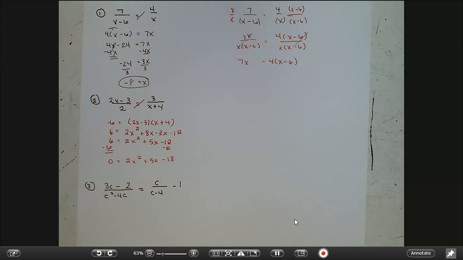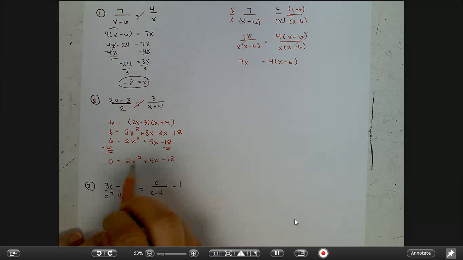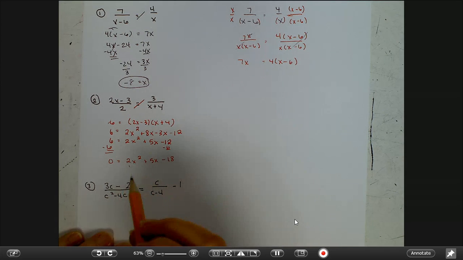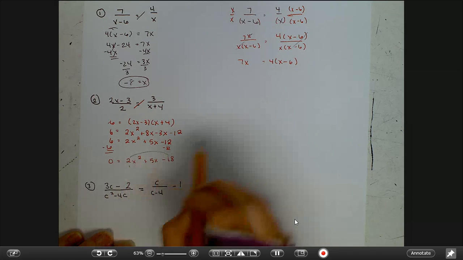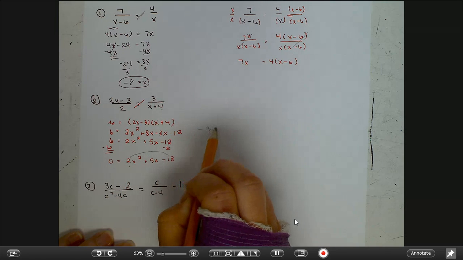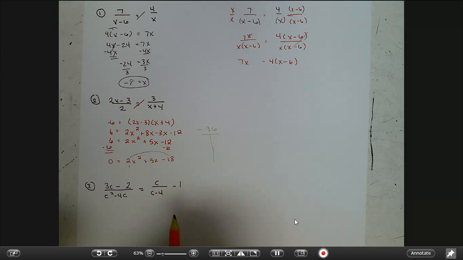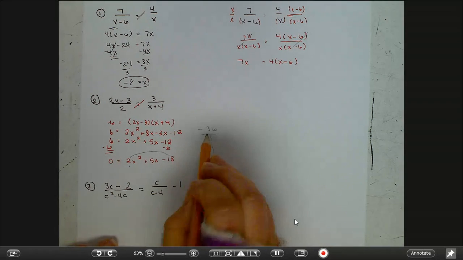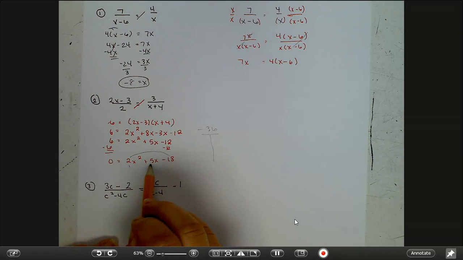At this point, when you're solving a quadratic equation, you need to factor. And this is the kind that has a number in front of the x squared. So we're going to multiply the first term by the last term to get negative 36. And we need the factors of negative 36 that add up to positive 5.